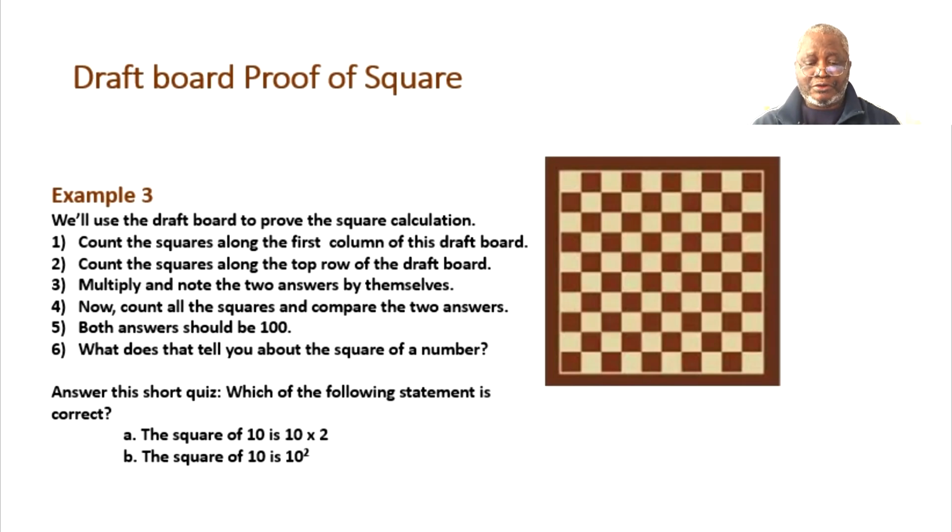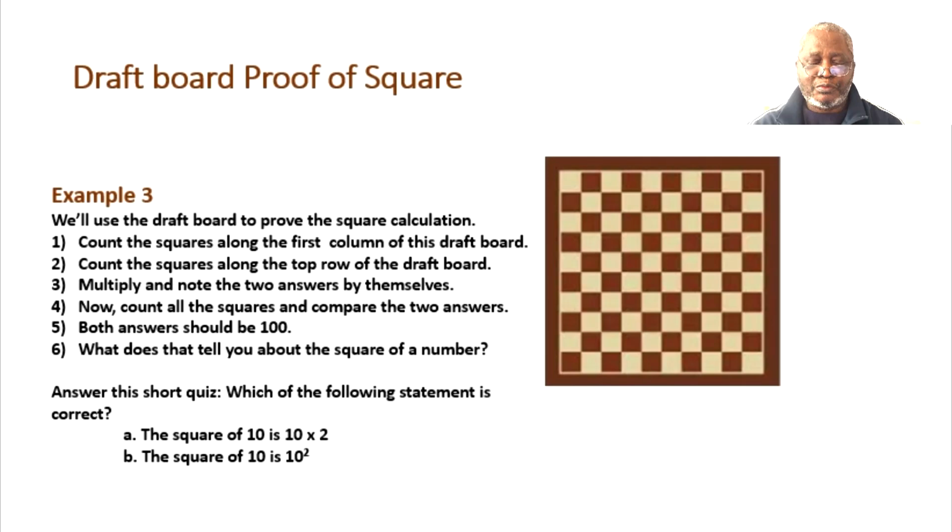Multiply the answer you got for the column and the answer you got for the row, and you should have 100. This proves that 10 times 10 is 100, or 10 squared is 100. If you count the number of squares row by row or column by column, you will have 100.